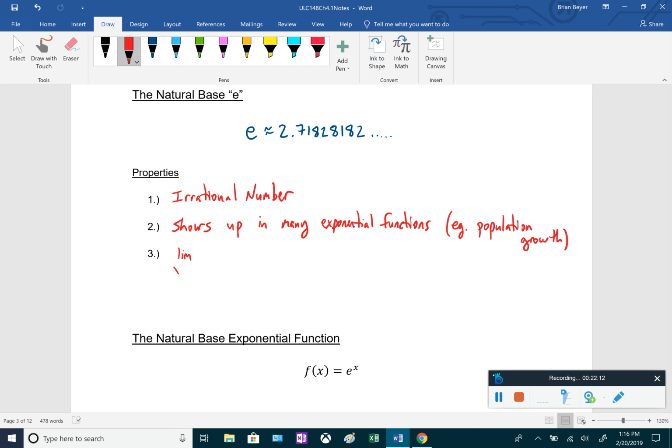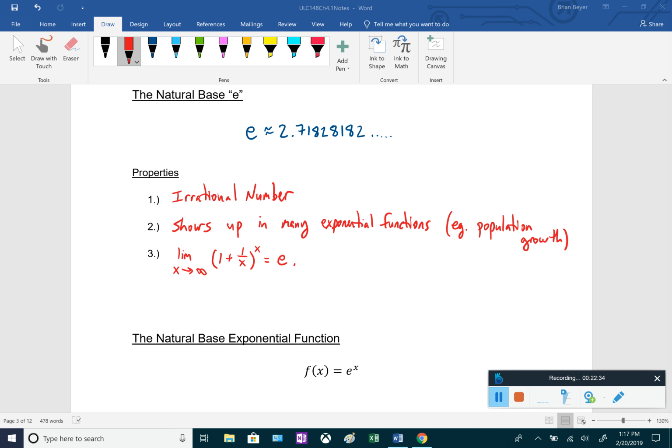The limit as x goes to infinity, so I'll explain this a little better after I write it, of 1 plus 1 over x, all raised to the x, equals this constant e. What that means, ignore the limit portion for a second.